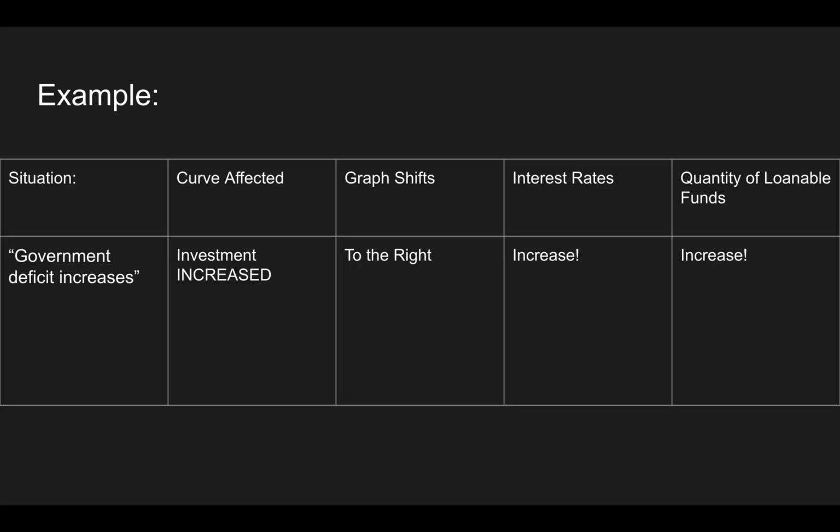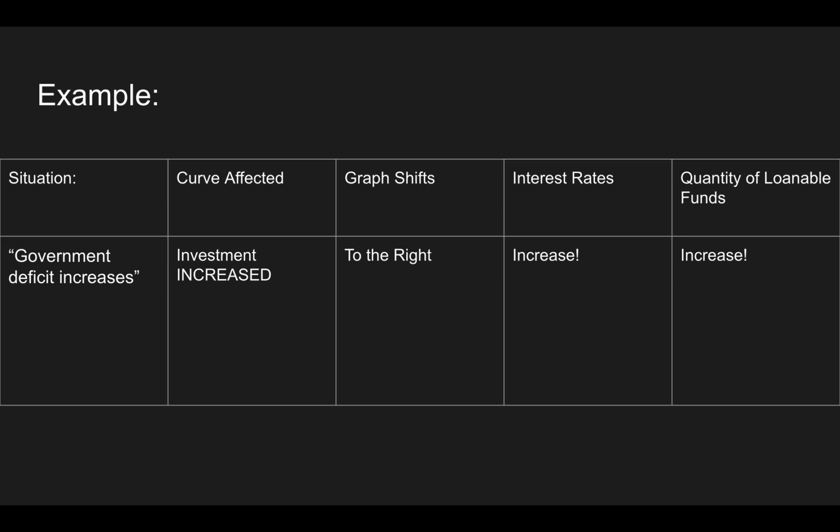So one example from this worksheet that I'm going to go through is number 3, and it's the government deficit increases. And this just means the government debt is increasing, which also means government is borrowing more money. That's how you have to think about it in the most simplest way so you can fully understand what's happening. So this would make the investment curve increase because the government itself is taking more money and it's going to invest it somewhere else.